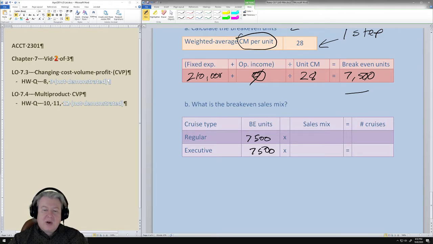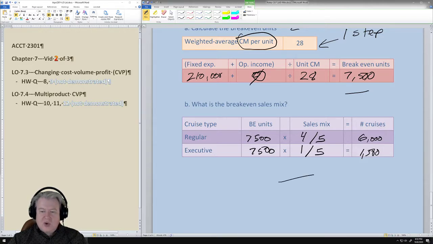The regular represented 4 out of every 5 of these items, and the executive represented 1 out of every 5. So 80% times this, or 4/5 times that, 6,000 of these tickets are going to be regular cruises, and 1,500 is going to be the amount of executive cruises.